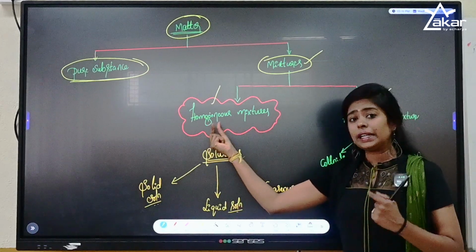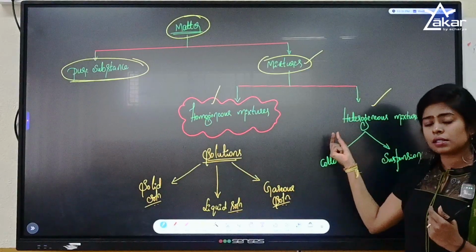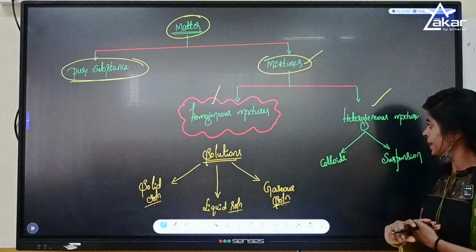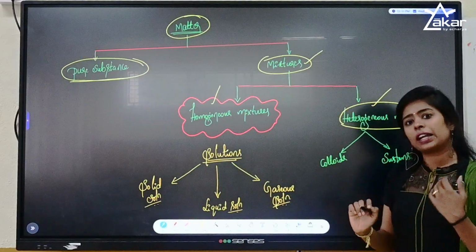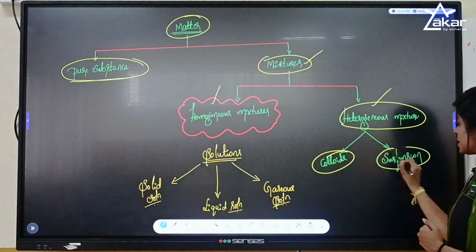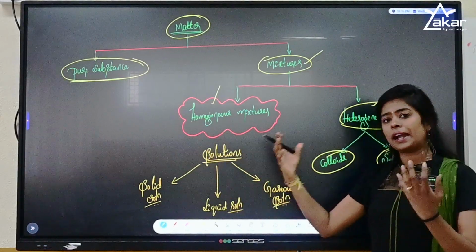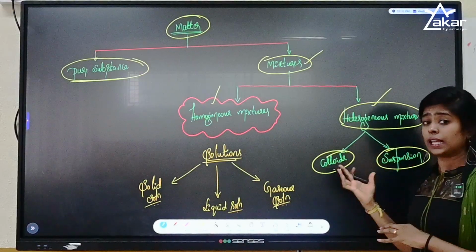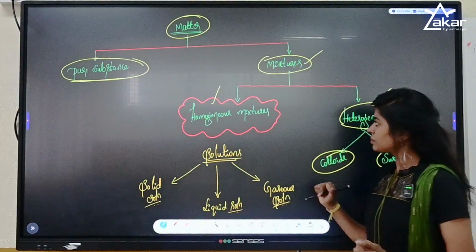Homo, as the word itself indicates, means same. Hetero means different. Heterogeneous mixtures are further divided into 2, one is colloids, the other one is suspension. Not only homogeneous mixtures, in our day-to-day life we see many examples of heterogeneous mixtures as well.